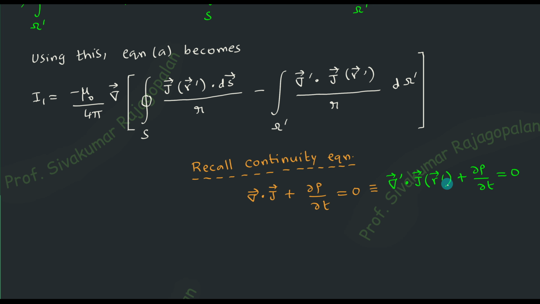In order to avoid such a situation, you can ask the question: is there any chance that dou rho by dou t can go to 0? The answer is yes. Dou rho by dou t will go to 0 if the charge density is not a function of time, and under that condition, this term can go to 0. The answer is yes, provided the charge densities don't change with time.